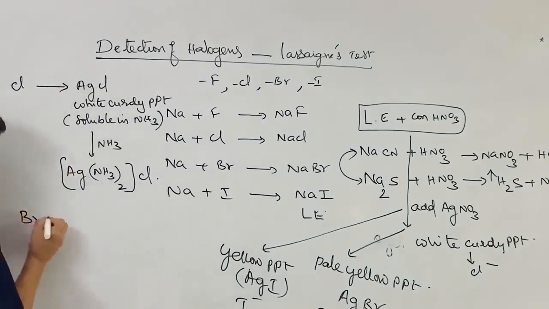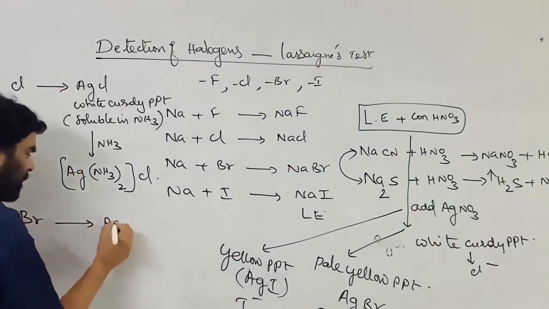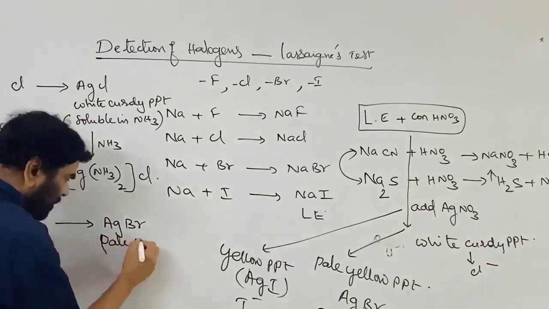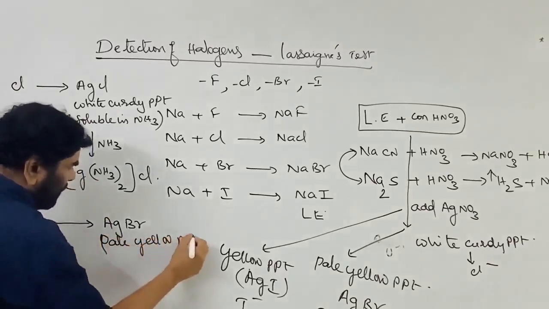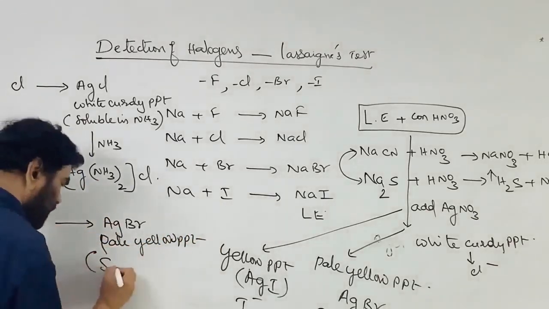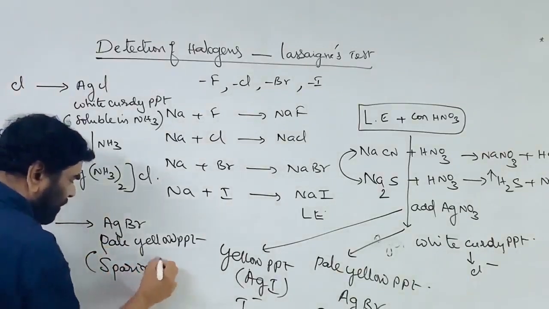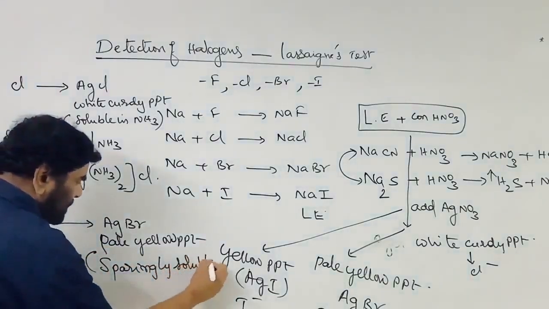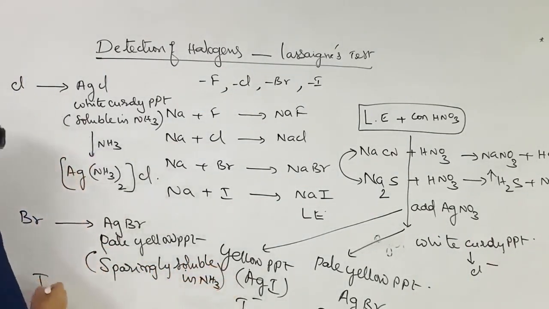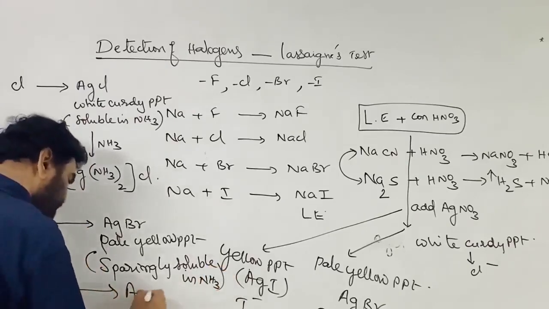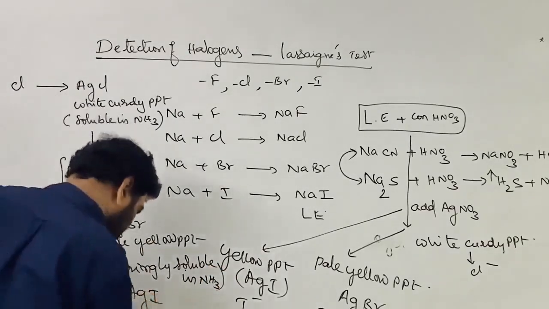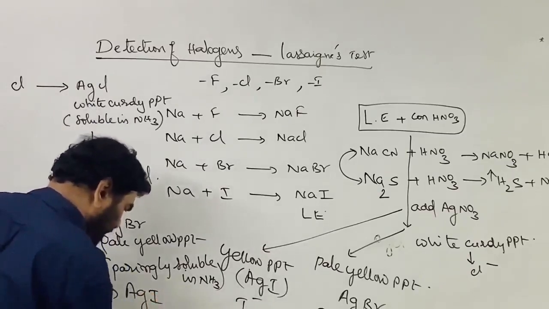If bromine is present, silver bromide is formed, a pale yellow precipitate, which is sparingly soluble in ammonia. If iodine is present, silver iodide is formed when silver nitrate is added to the Lassaigne's extract. This is a yellow precipitate.